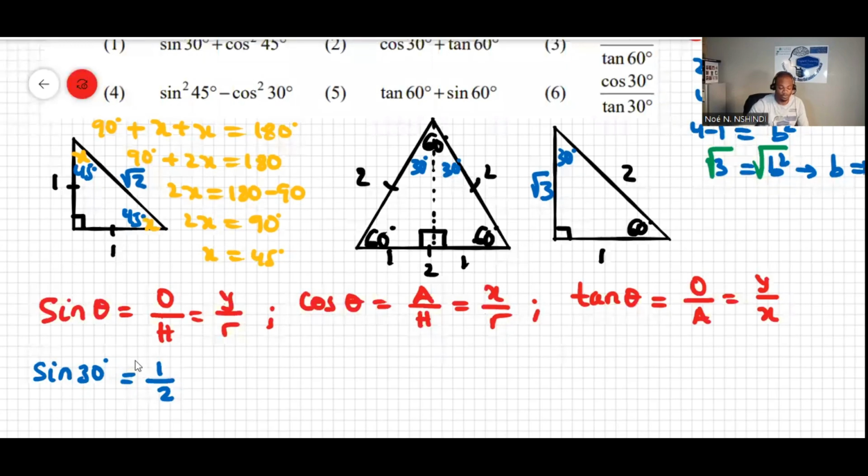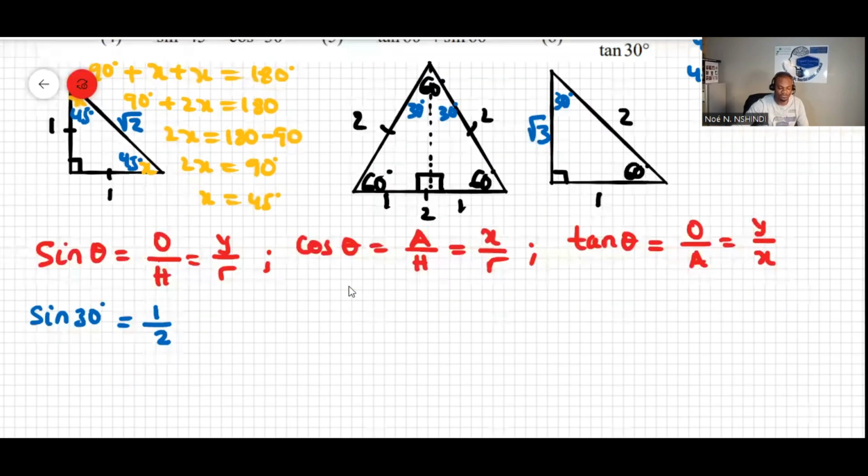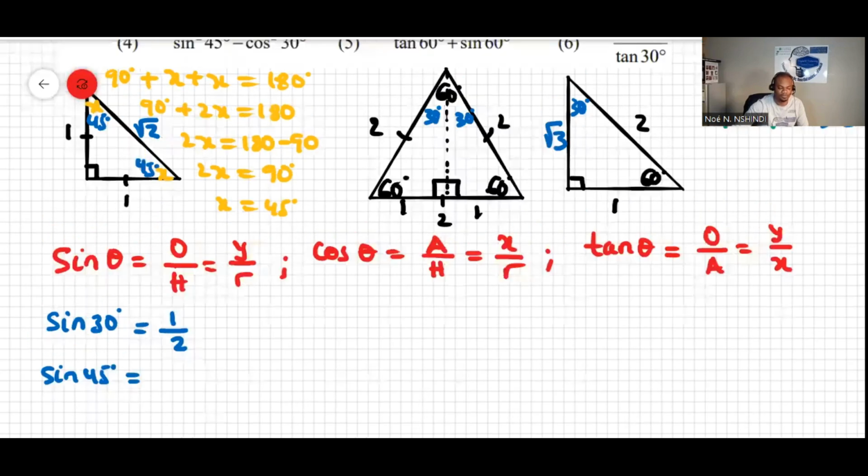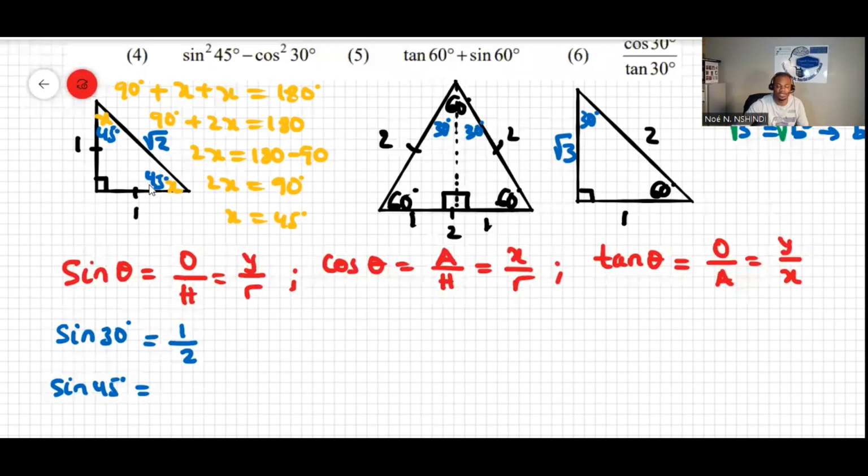We can also continue by doing sine of 45 degrees. I can select which angle I want to take. Let me take this one. Opposite that 45 degrees is 1 here. So it's going to be 1 over the hypotenuse, which is root 2.